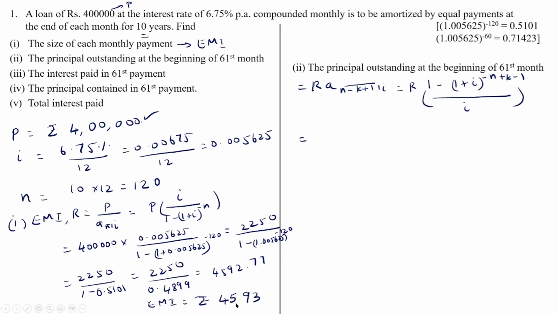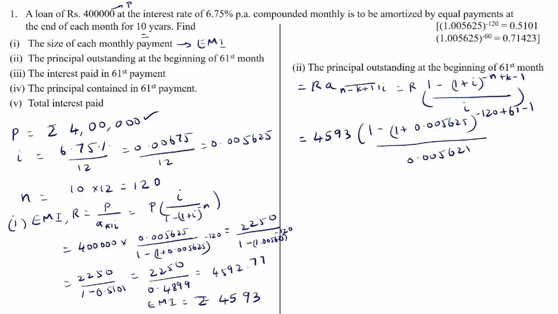R is, we just now got, 4593 into 1 minus (1 plus 0.005625) the whole raised to minus (120 plus 61 minus 1) upon 0.005625.